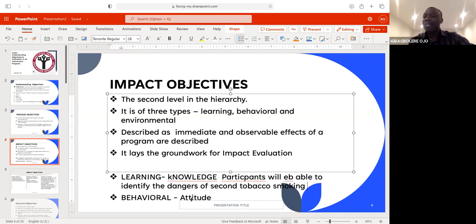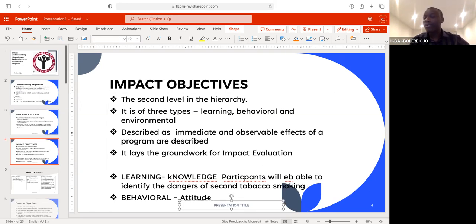Remember, an impact objective measures the change in a person. A process objective measures activities and resources. Difference. So, a behavioral change, for example, in an HIV intervention program, might be individuals who never use condoms in sexual intercourse suddenly have had a change and are using condoms.